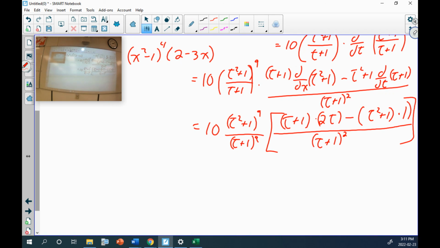So to simplify my top, I have 2t squared minus t squared, which is going to give me t squared. I have 2t, and I have a minus 1.